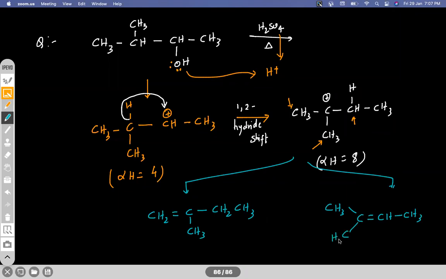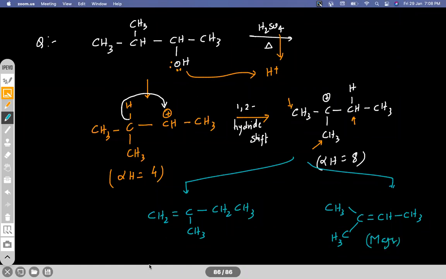Tell me which alkene is more stable, the second one or the first one? Yes, this is major because it is more stable. No, not the first one.